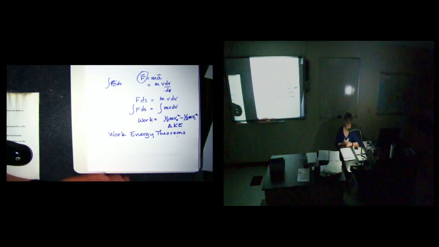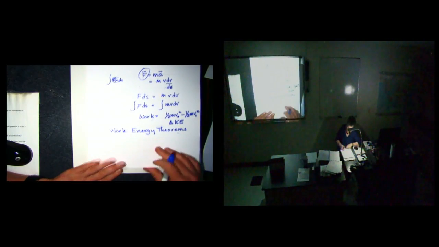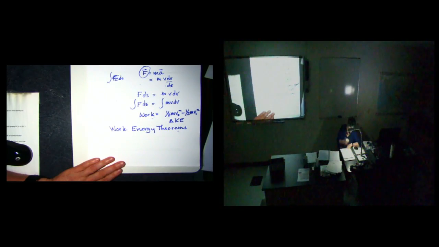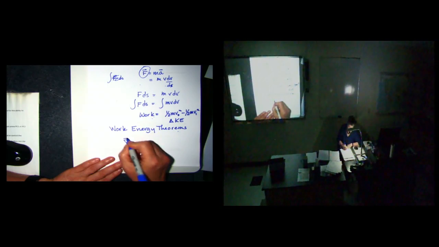Then we can also show that power is F dot v, where v is a velocity vector. A little differently than what we're used to seeing it.